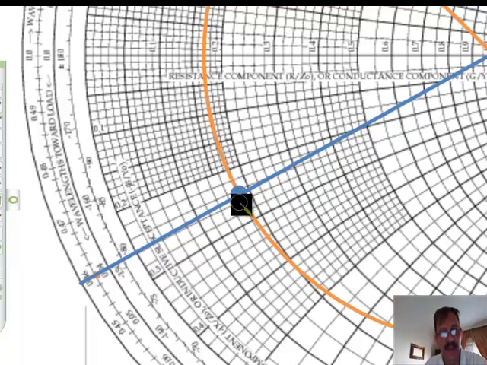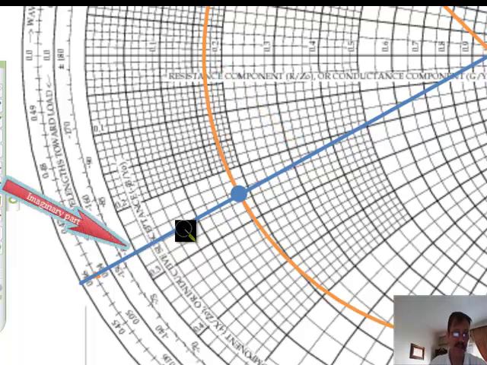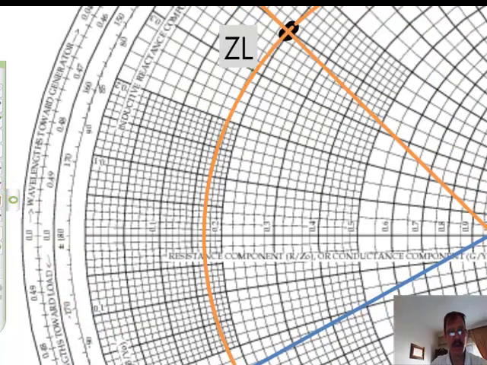0.18, and then the imaginary part is around 0.28. Is it 0.28? 0.024. So we zoom out.